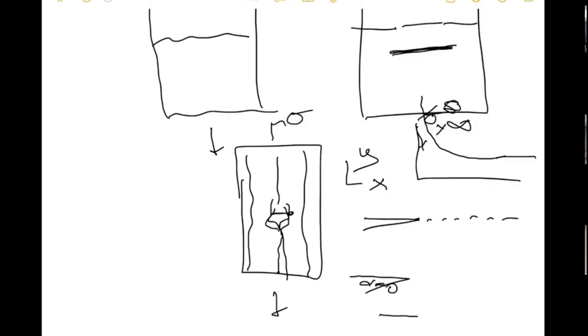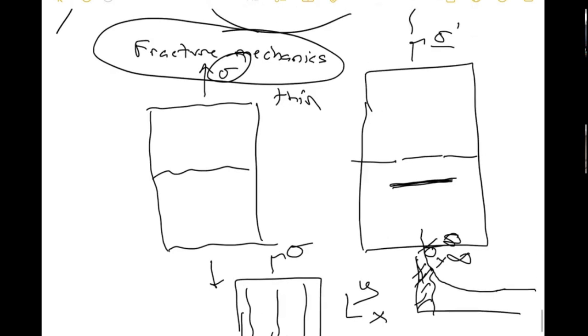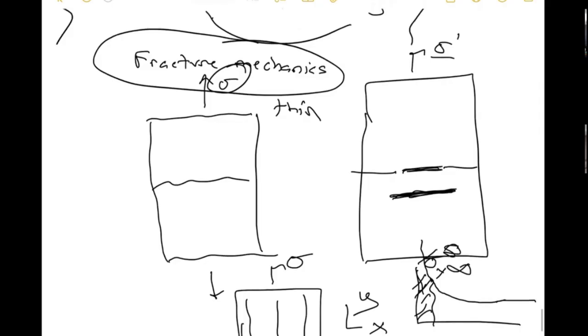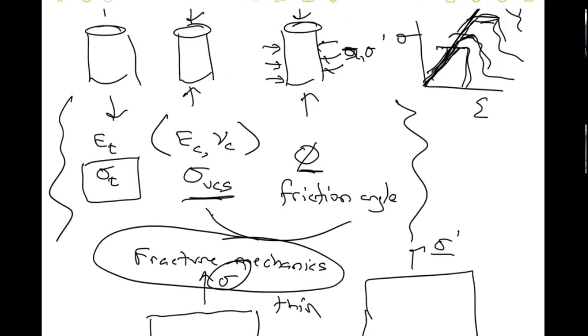And so fracture mechanics basically is a way of characterizing that singularity, and you end up coming up with a thing called fracture toughness, typically denoted by this. You can measure this by doing these sorts of tests.